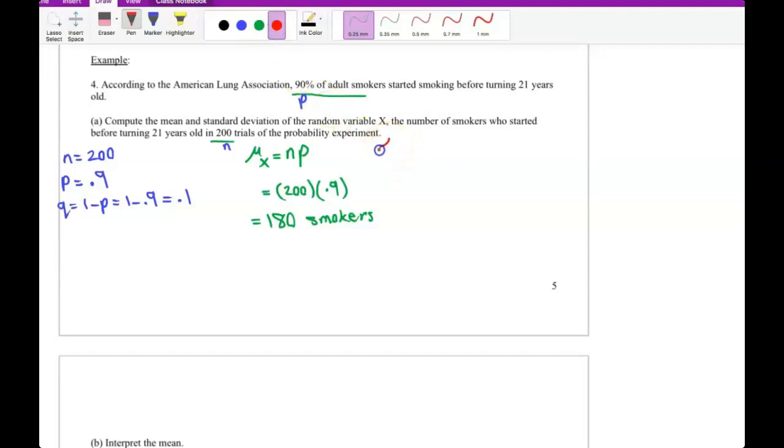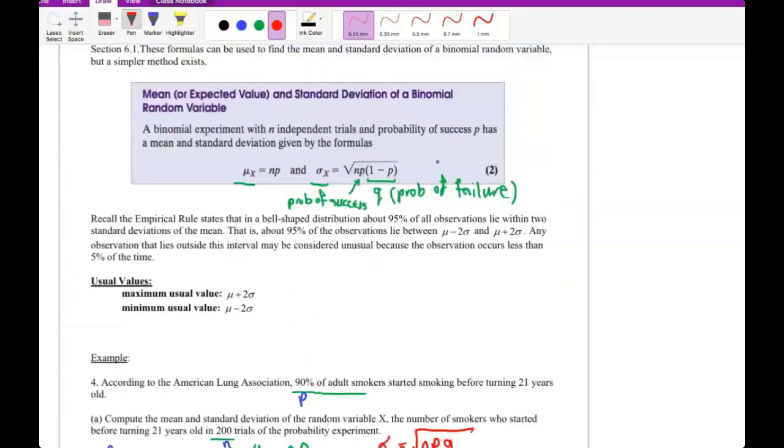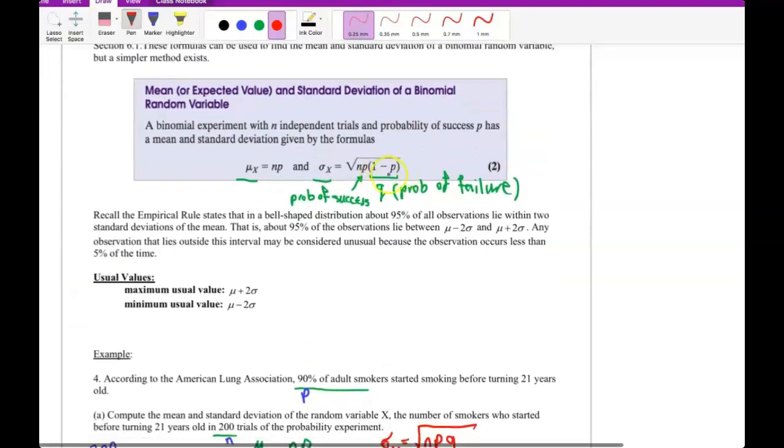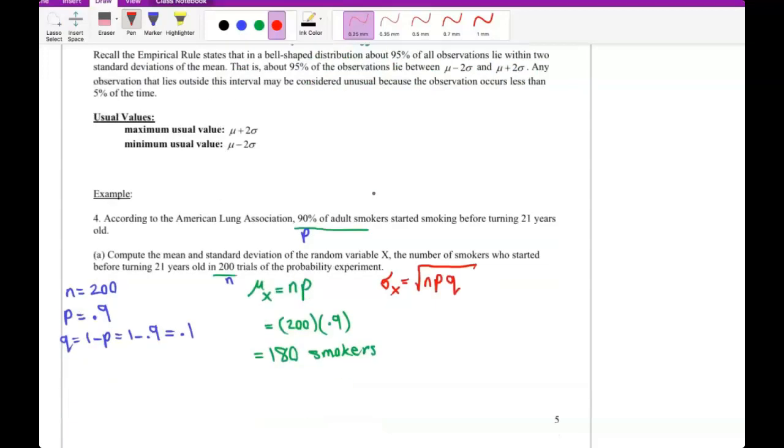And standard deviation is the square root of n times p times q. So here we had n times p times 1 minus p, or that is equal to n times p times q, because 1 minus p was q.